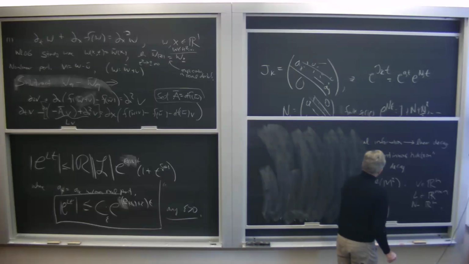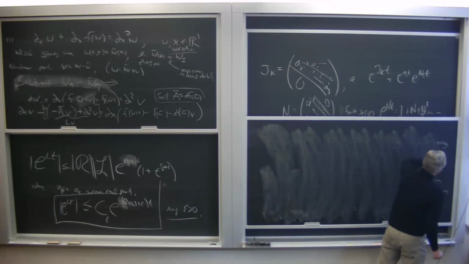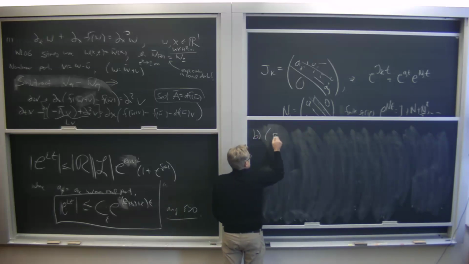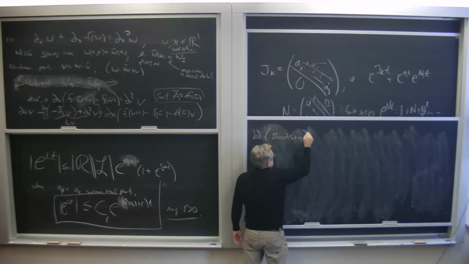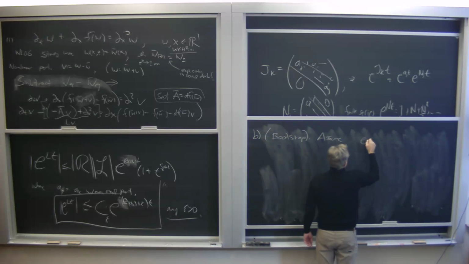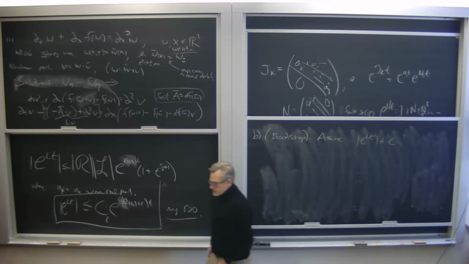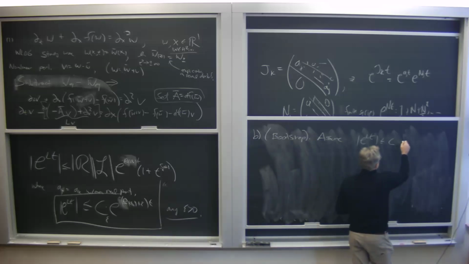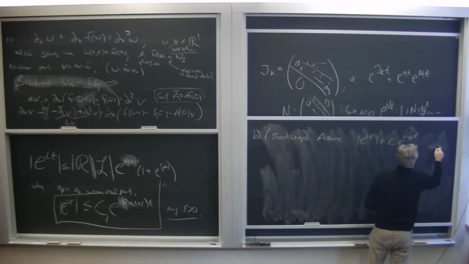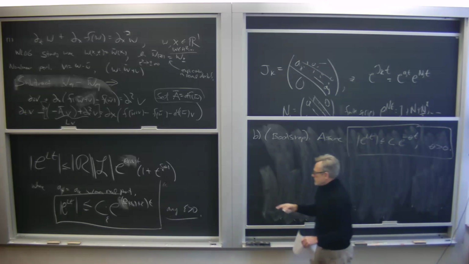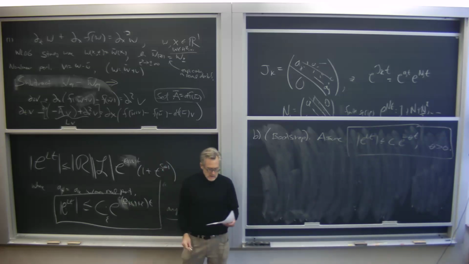And now let's do part B, which is the bootstrap. Okay, so we'll assume that e to the Lt is less than or equal to a constant times e to the minus theta t, theta positive. So I choose some epsilon, and I get some exponential rate.